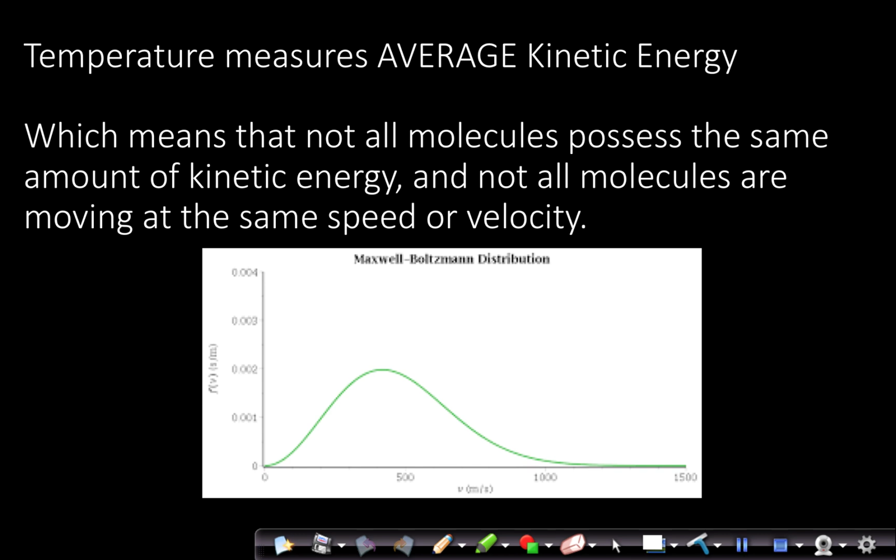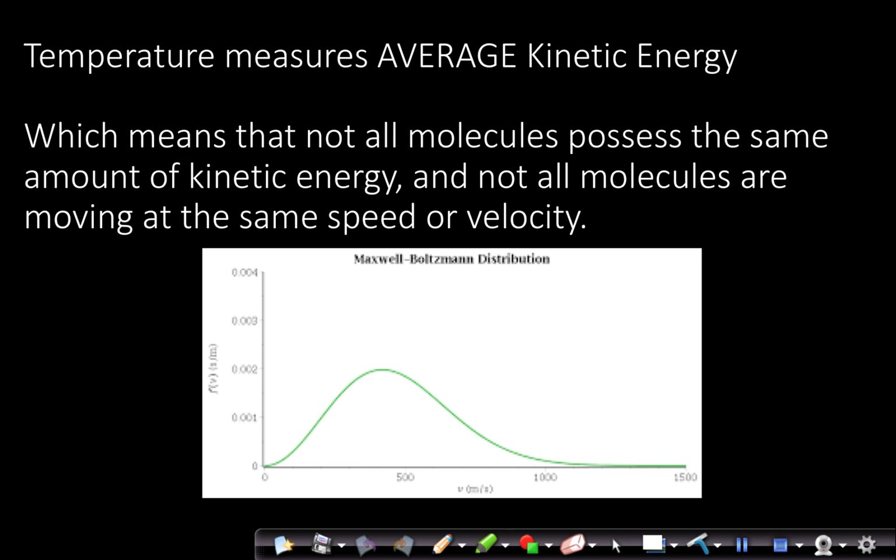So the first thing about the Maxwell Boltzmann distribution, which should look similar to what you've seen before on the picture: temperature measures average kinetic energy, and that means that not all molecules possess the same amount of kinetic energy, and not all molecules are moving at the same speed or velocity.